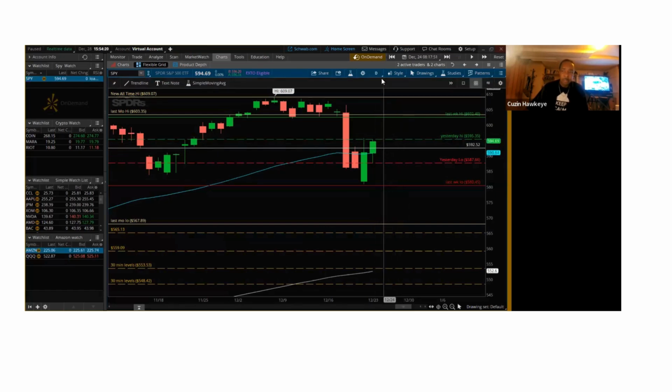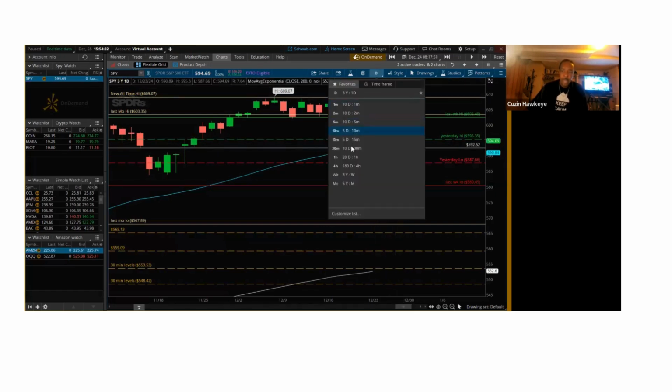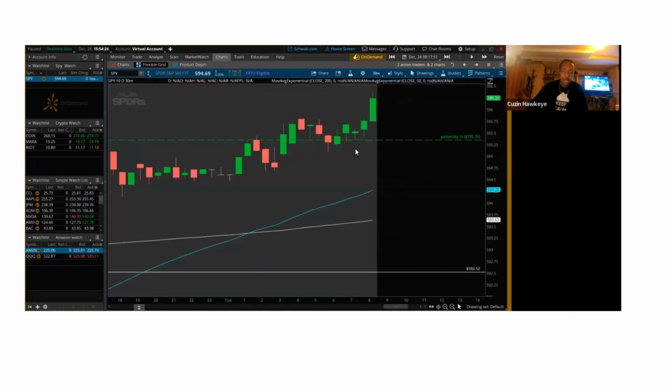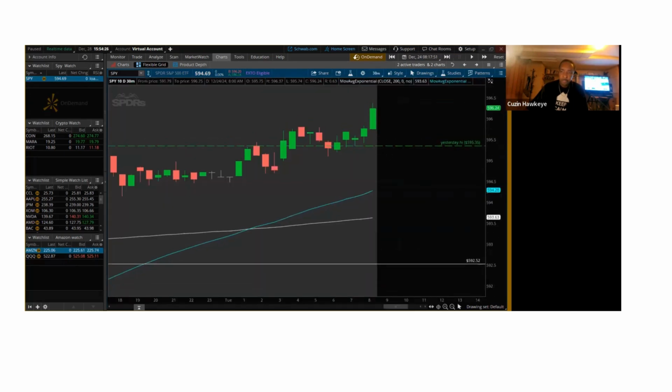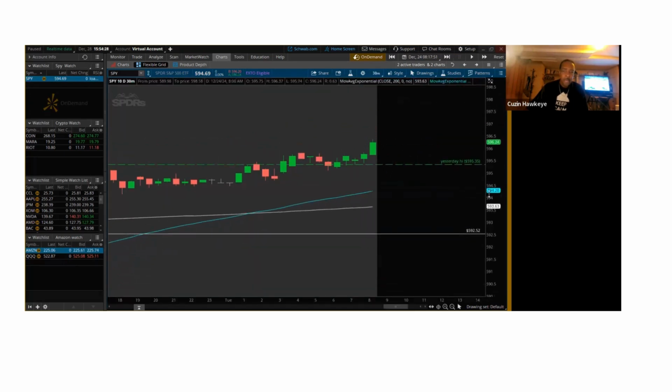After I have these lines in place, I go down to a 30-minute chart. Now, as you guys can see, this gray area is the overnight activity. So it's what went on the night before the market will open right here in the box at 8:30 a.m. That's Central Time.